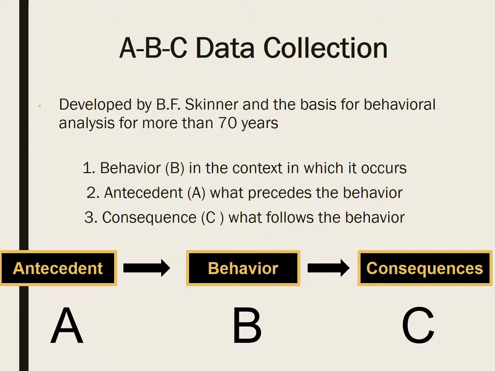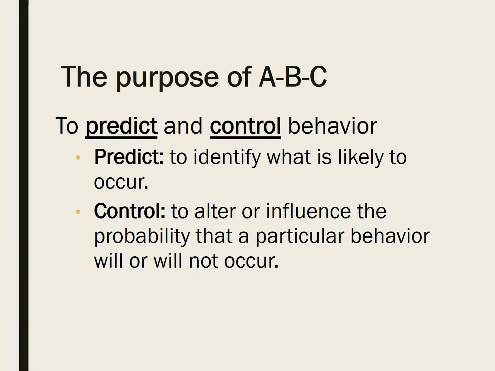It's important here that as teachers, we might be thinking that the consequence that we're delivering, such as a reprimand or redirecting the student, is a consequence to depress or stop the behavior from happening. But oftentimes, providing that kind of attention to a student is what they want, and that is maintaining the behavior to continue happening. So this is what we're trying to identify in an ABC model.